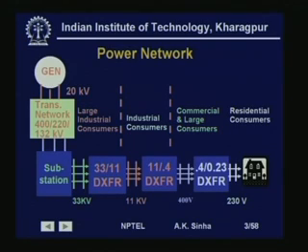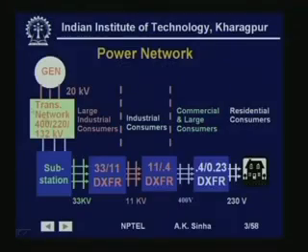For transmission, since we are transmitting large amounts of power over large distances, we need to transmit it at very high voltages, and therefore we need transformers to step up this voltage from the level of 11 to 25 kV to a much higher voltage of the order of 132 kV or 220 kV or 400 kV, depending on the amount of power to be transmitted and the distance over which it has to be transmitted.